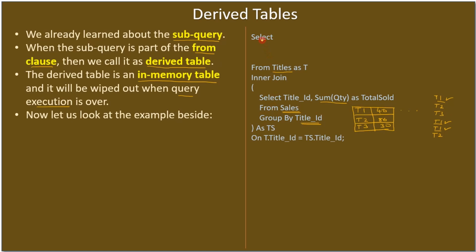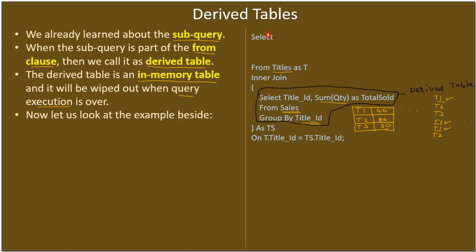For example, select from titles as T inner join this specific table, which will act as a derived table, right? So this is the derived table, and this one is the main table or main query.